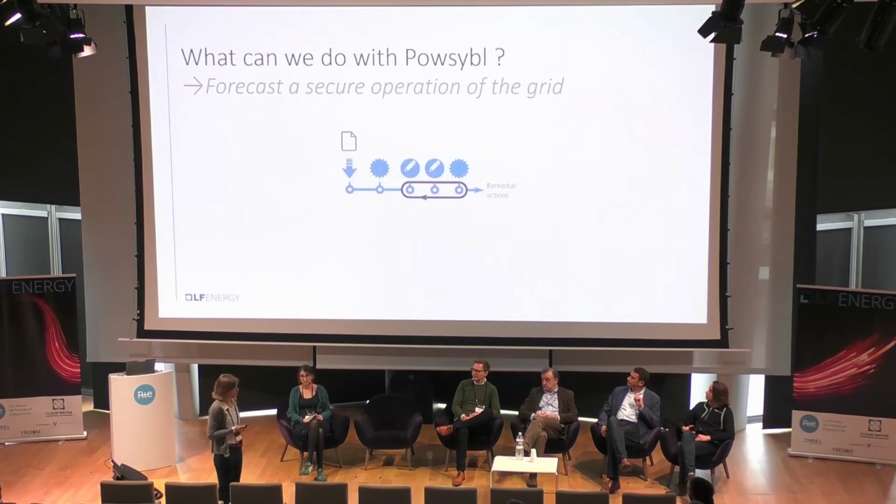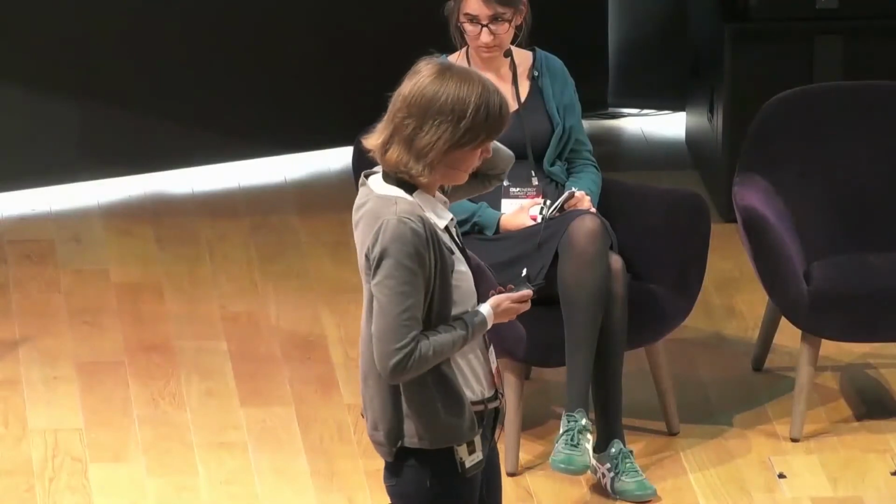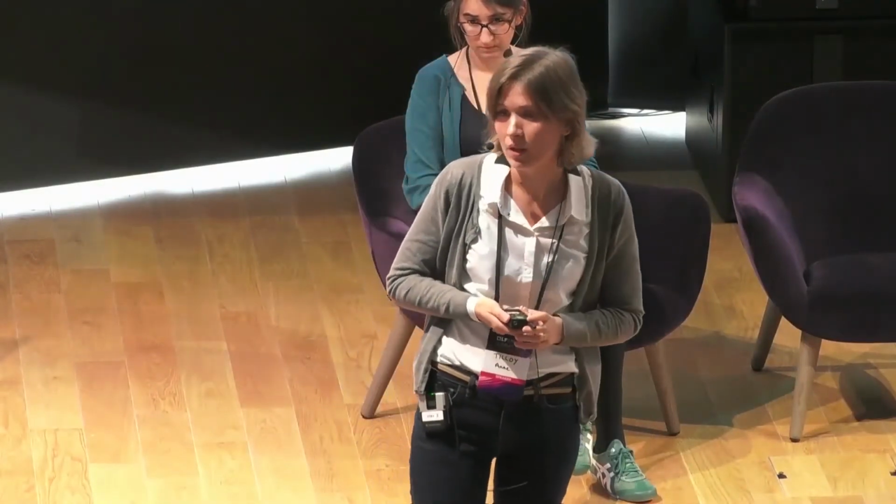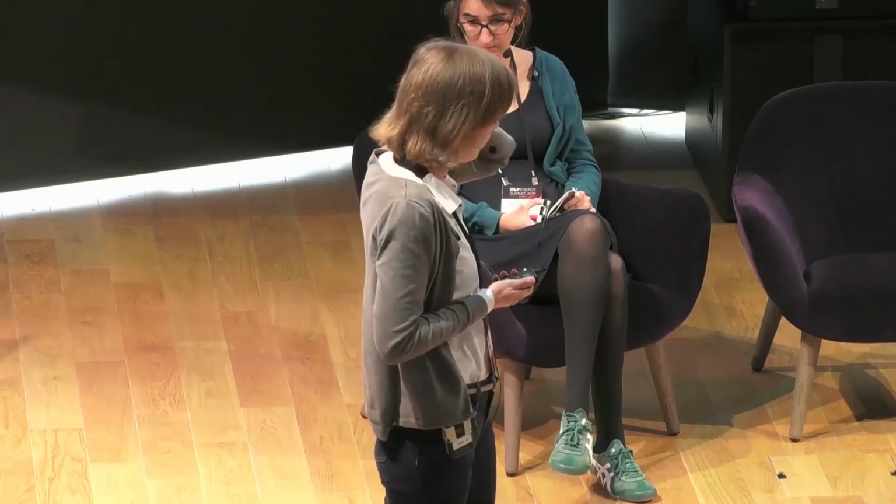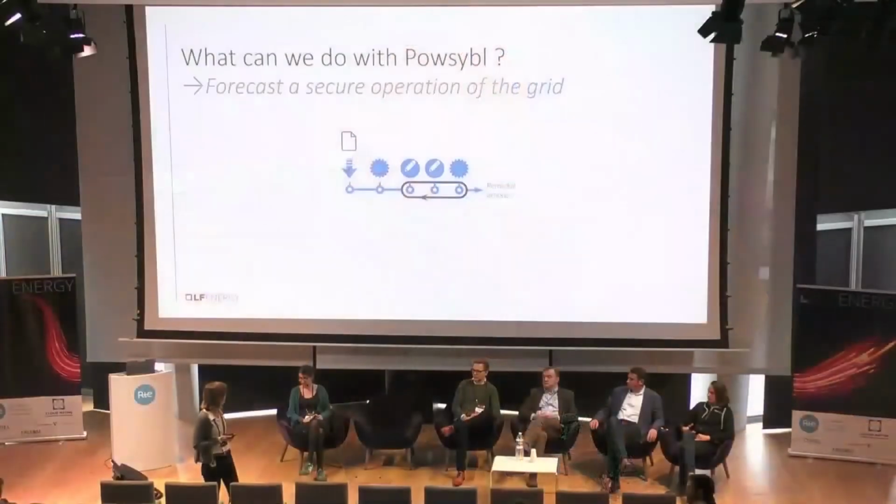With almost the same blocks, because they are the same blocks, you can build really more complex workflows. Here is a workflow to forecast the secure operation of the grid. This workflow will be in operation in RTE next year, I hope. Here you upload a file, then you run what we call a security analysis, which is in fact the simulation of all the contingencies we can meet in our network.